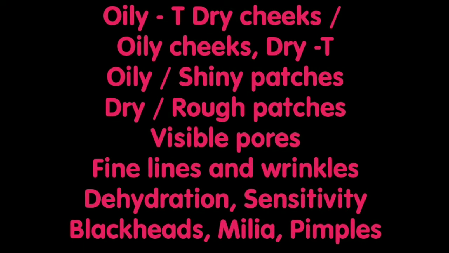Combination skin has patches of oily, shiny skin as well as patches of rough and dry skin. They have visible pores, fine lines, dehydration, they can have sensitivity, as well as blackheads. They can have milia or whiteheads in the drier areas.